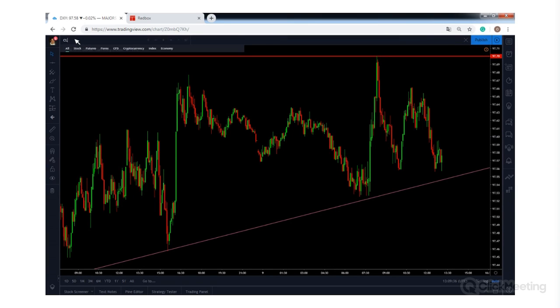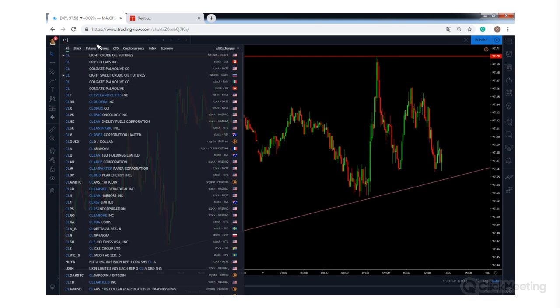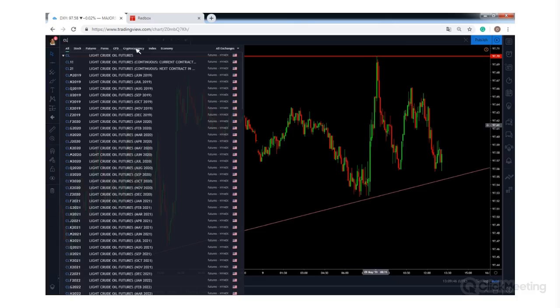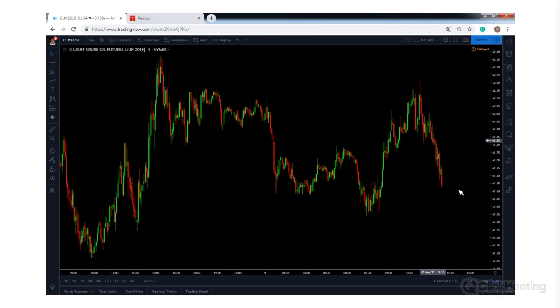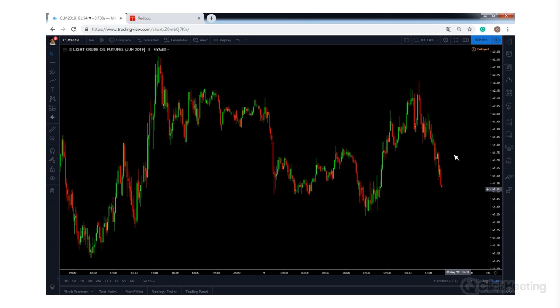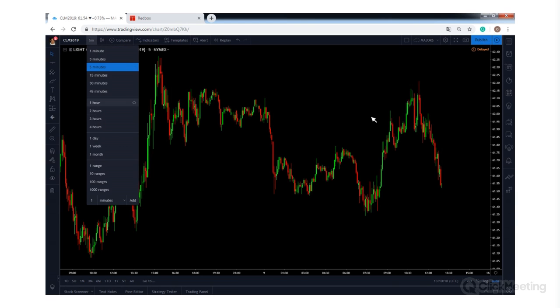Let's have a look at crude oil futures. I wanted the June contracts on oil futures. 61.50. Hold on, this is the 5 minute chart. Let's have a look at the hourly chart.